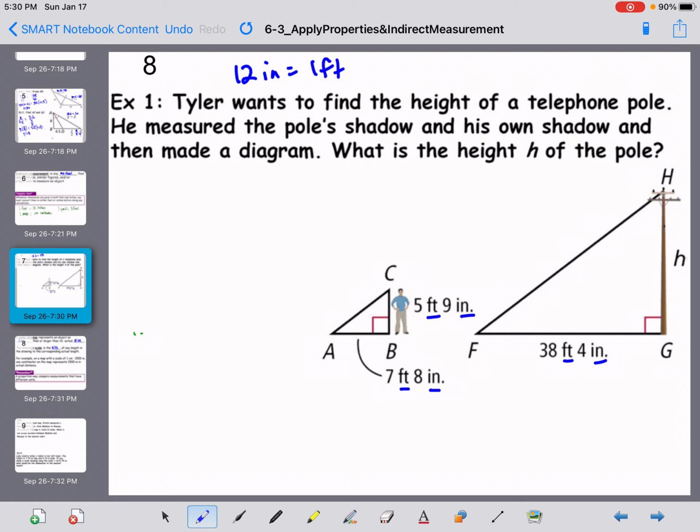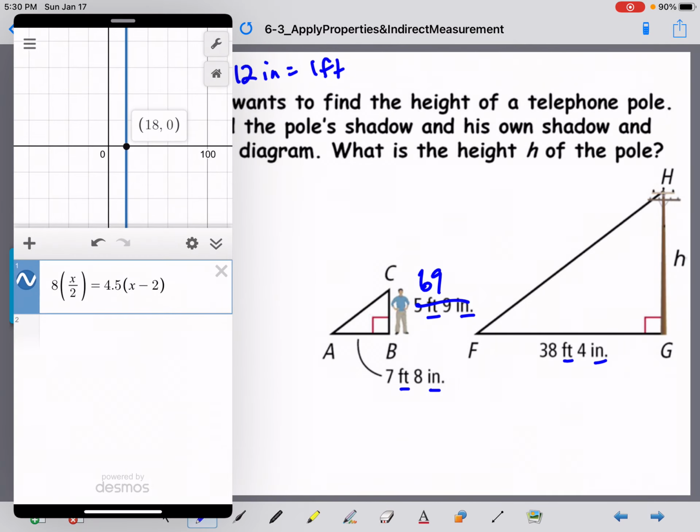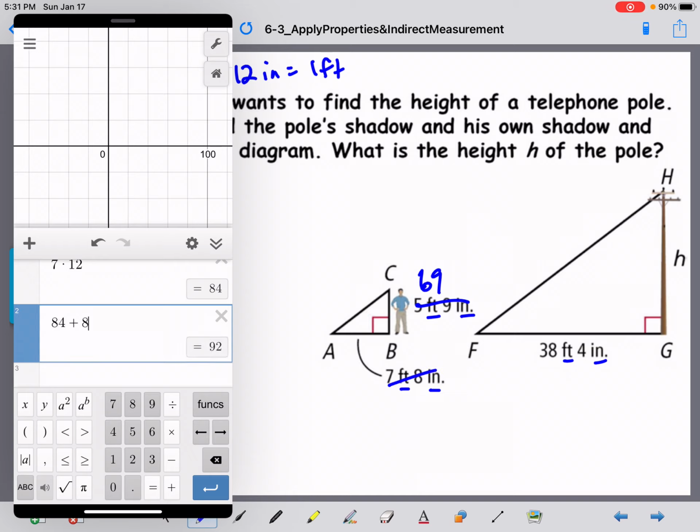So 5 times 12 is 60, and 60 plus 9, 69 inches. I don't know what 7 times 12 is, so I'm going to have to use my calculator on that one. 7 times 12 is 84. And then 84 plus 8 is 92.